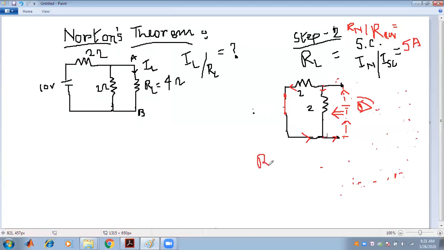So the R equivalent, or the Rn, became the parallel connection of 2 with 2, that is 2 into 2 by 2 plus 2. That is, R equivalent became 1 ohm. This is our step 2, that the R equivalent or the Rn became 1 ohm.